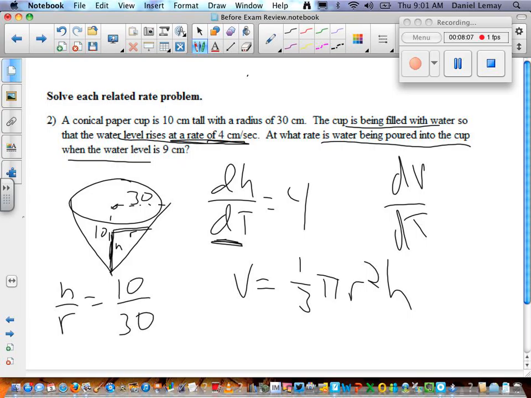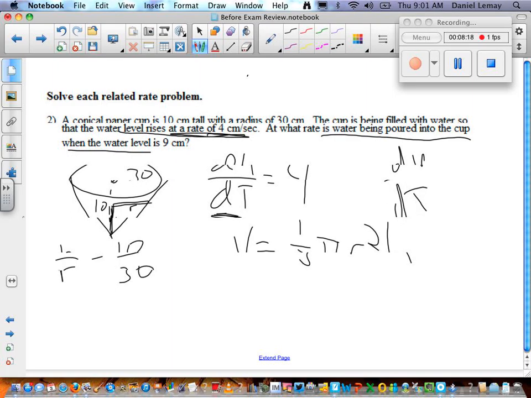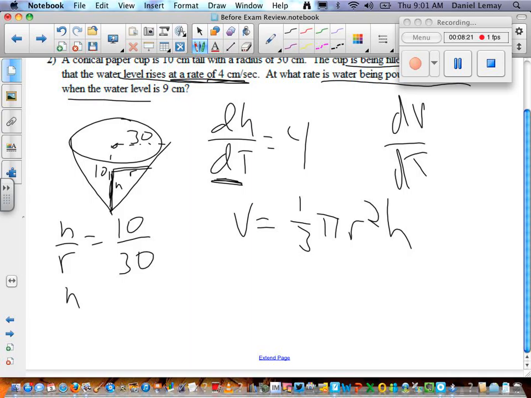So if I do that, I want to get rid of that r. So h over r equals 1 over 3. If we do the cross products, 3h equals r.